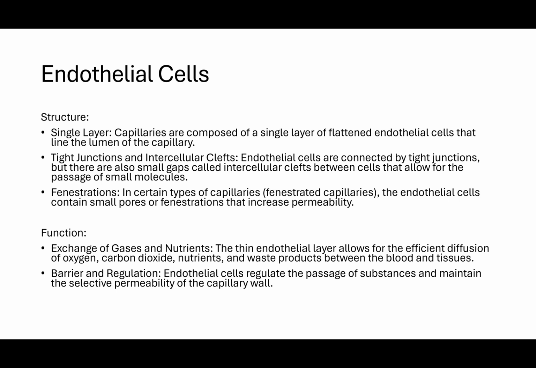These endothelial cells are connected by these junctions and clefts that allow for small molecules to pass through. And they have fenestrations, so we're going to look at the fenestrated capillaries. Generally, capillaries are sites of gaseous and nutrient exchange, and they have some amount of barrier and regulation purposes, as they have selective permeability. Okay.